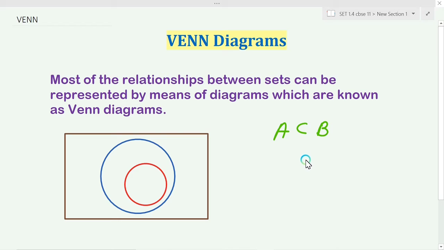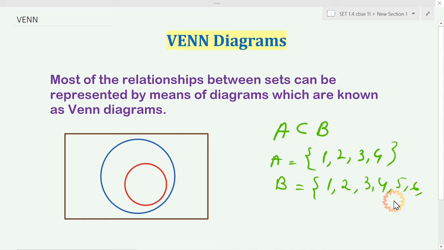Now take A equals {1, 2, 3, 4} and B equals {1, 2, 3, 4, 5, 6, 7}.